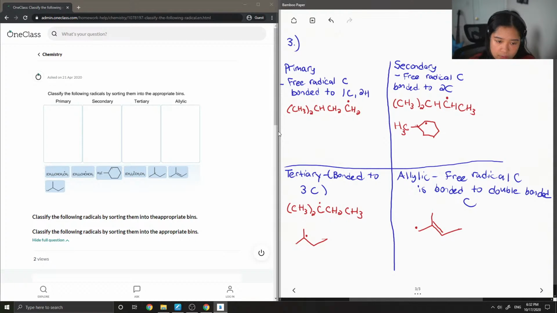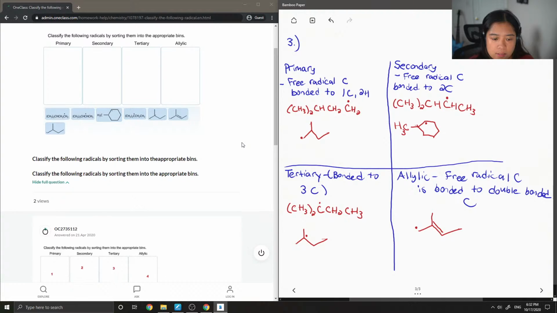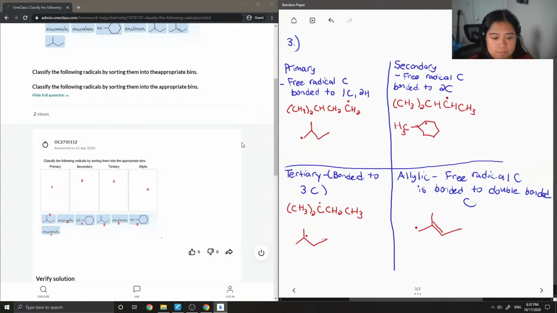And then for the last one, it looks the same as the other one, except there's no double bond. So this is an example of the primary radical. It's only bonded to 1 carbon and 2 hydrogens. So let's look at our answer here.